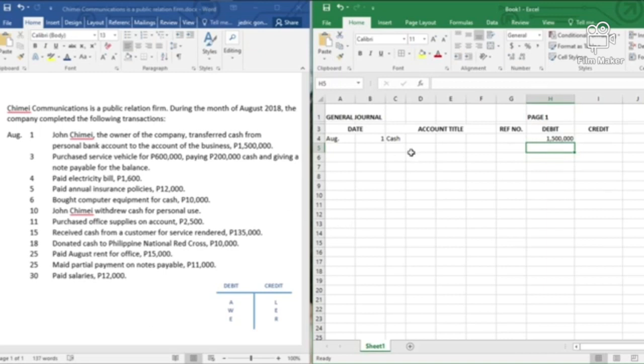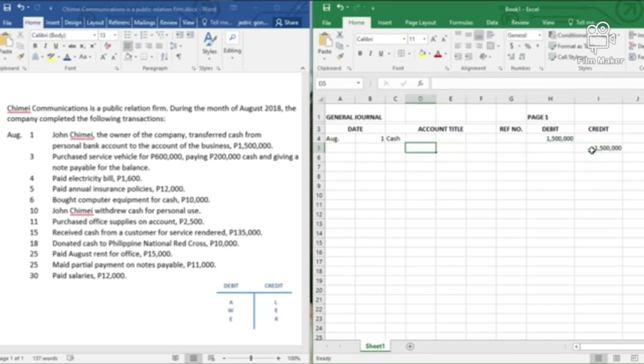Then, what is the reason ba't nakatanggap ng cash si company? Because nag-invest si John Chimmy. So, kapag nag-invest ka, that is capital. Capital is under equity. So, equity, kapag nagdadagdag ka, it should be credited. So, i-credit natin si Chimmy Capital, 1,500,000.